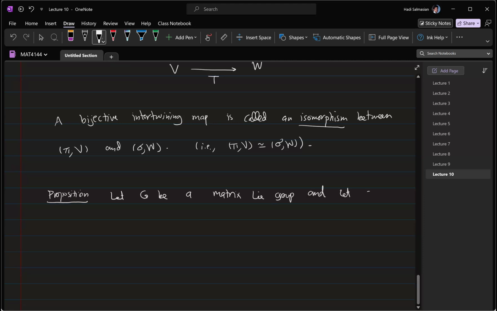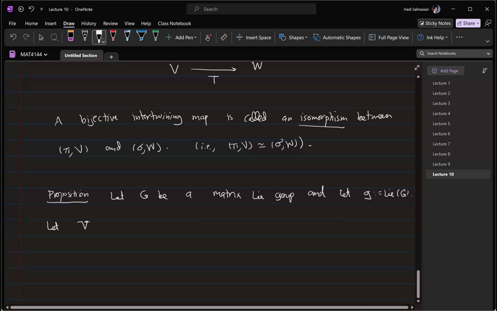And let 𝔤 be the Lie algebra of capital G. Now let V be a finite-dimensional vector space over R or C, depending on our choice.